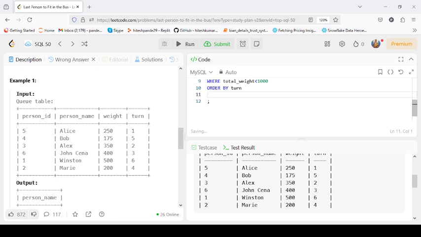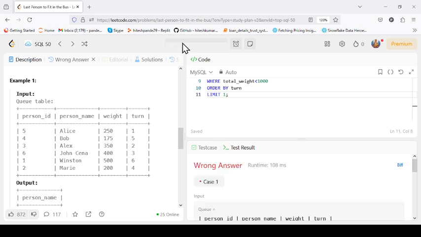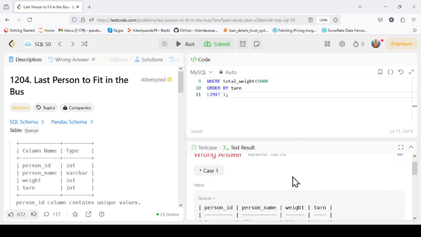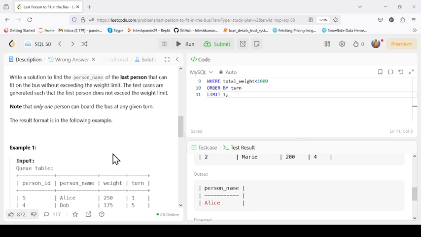Limit 1. Still we are getting a wrong answer. We will write here limit 3.